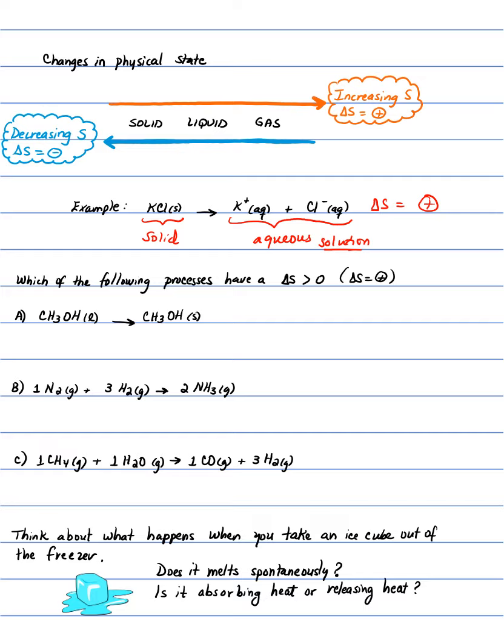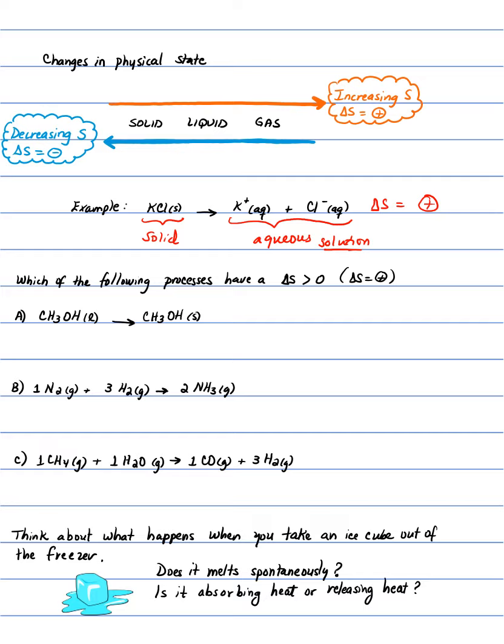So I have several examples here. There are three of them for you to determine if you have a delta S that will be a positive or a negative number. So you should pause the video and try to come up with your own answers and then compare your answers with the ones that I'm going to give you.